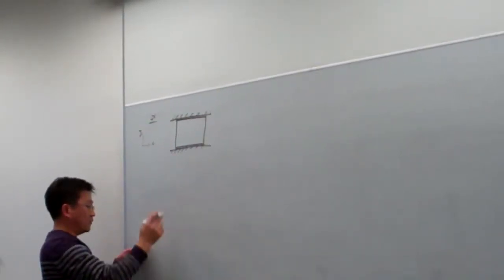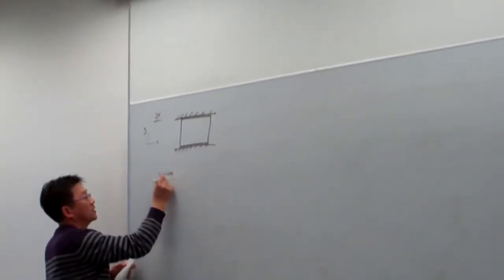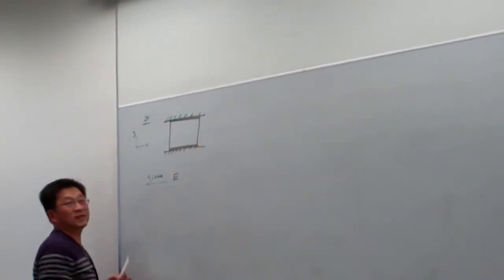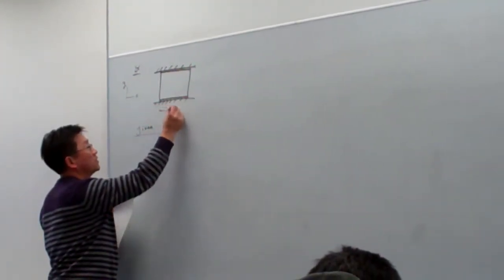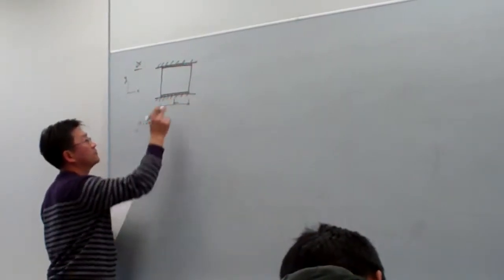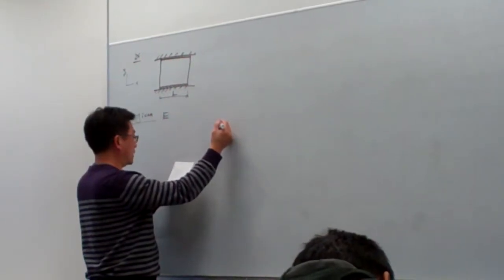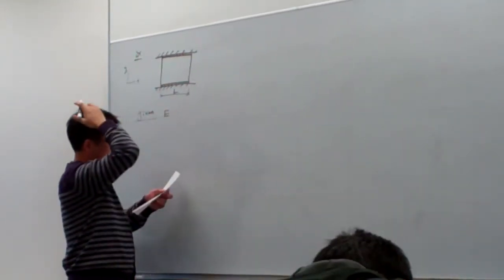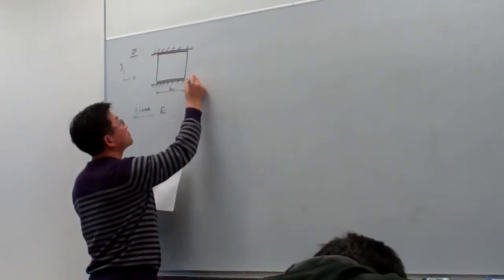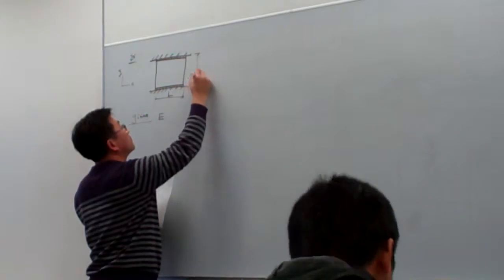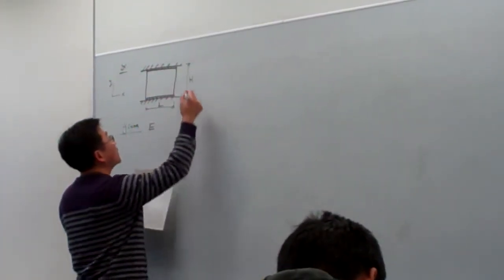And for example, here we are given the material properties, for example, Young's modulus E for this material. And here I give the dimensions. From here, let me call that L. And furthermore, let me say the dimension is H, okay? And consider this a three-dimensional case.